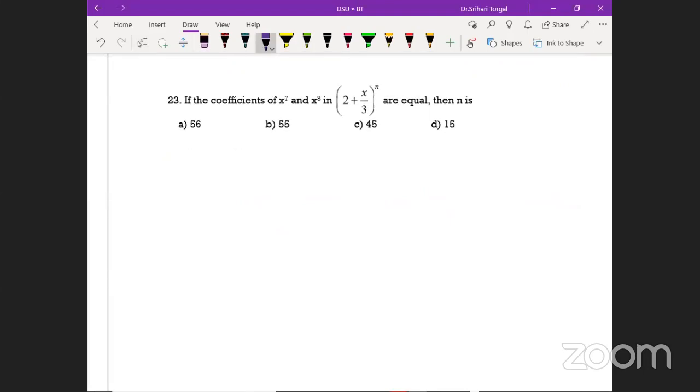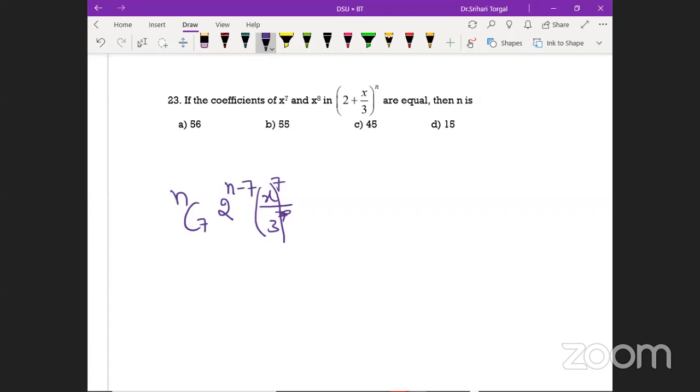Question number 23. X power 7 and x power 8 coefficients are equal. That is, how to get x power 7? To get x power 7, you will get x by 3 power 7 here. If the power is 7, this will be NC7 because this is the second term. And this 2 will contain n minus 7.